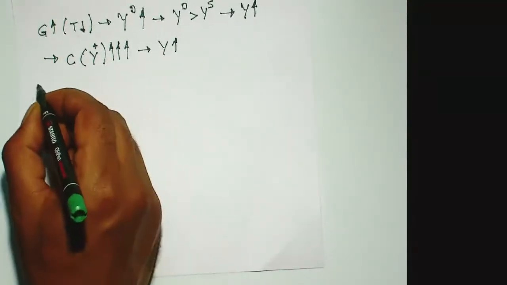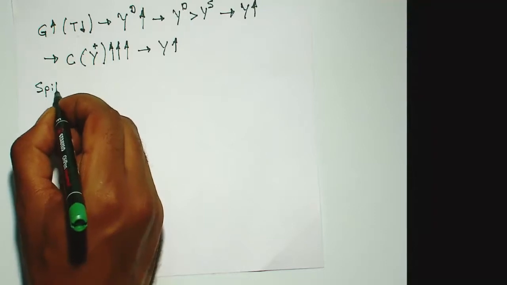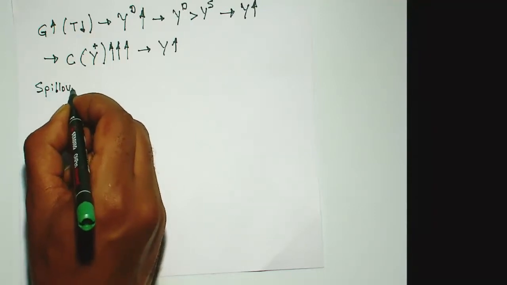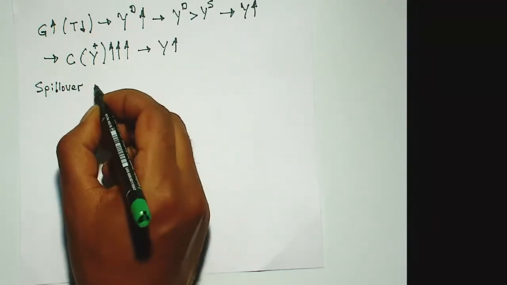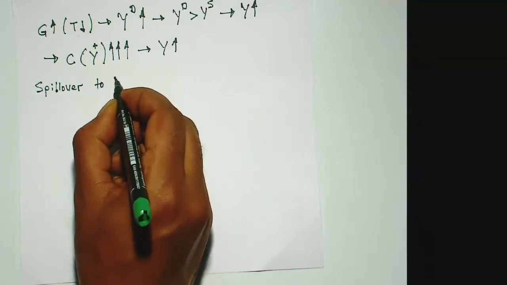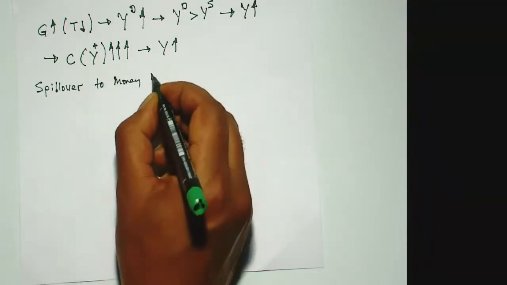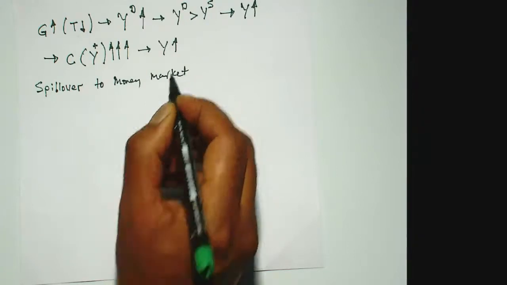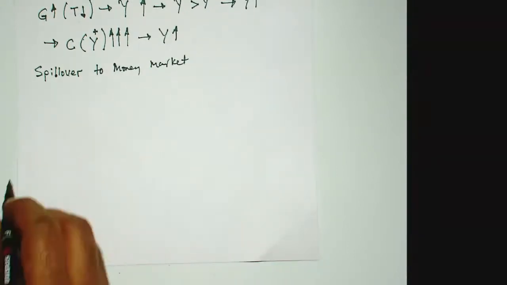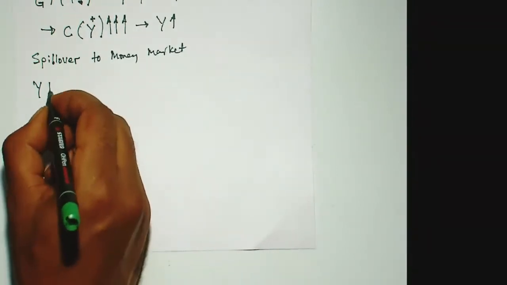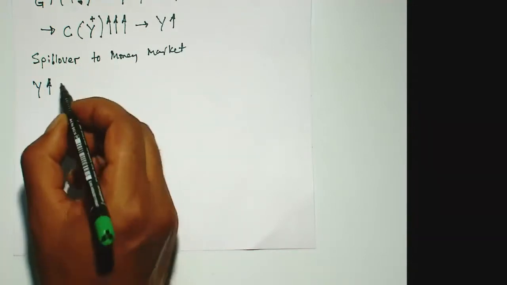So this increase in income can also be indicated in the money market. So we would write the spillover to the money market. We would again start with an increase in income.